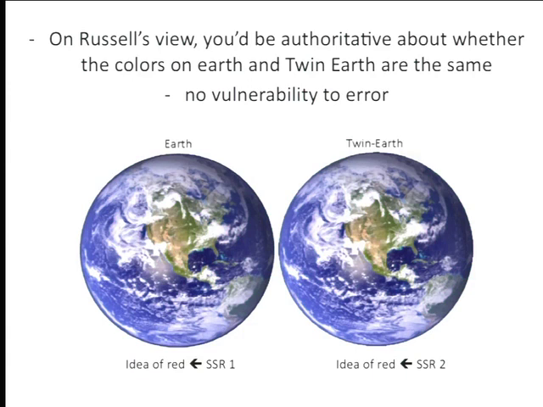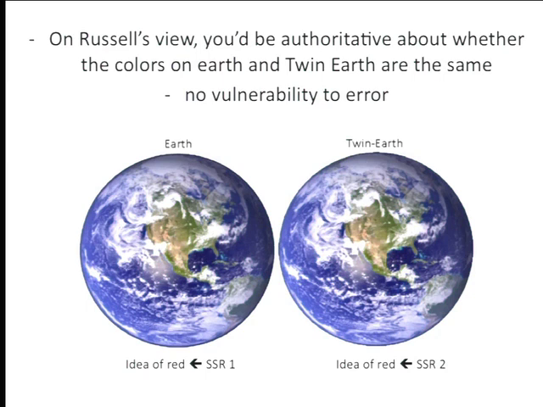because you're authoritative about when you're getting the same colour again. On Earth, you know exactly which colour red is just by looking. Your vision just tells you exactly which colour it is. You've got this perfect comprehensive knowledge.